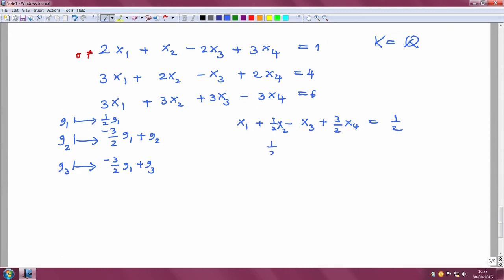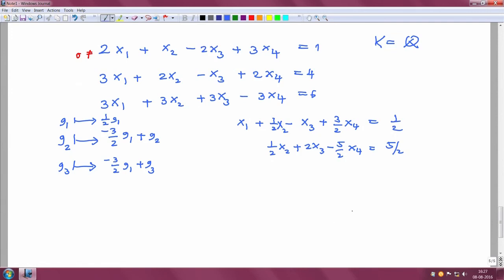So half x2 will remain, and 2x3 will remain, because we are multiplying 3 by minus 3 by 2, so this becomes minus 9 by 2, and adding it here, it becomes 2x3, and minus 5 by 2 x4, and this becomes 5 by 2, because minus 3 by 2 added to 4 becomes 5 by 2.